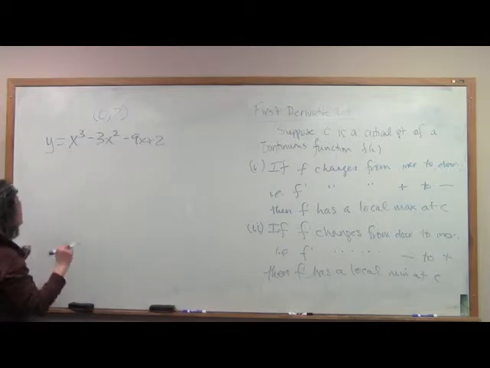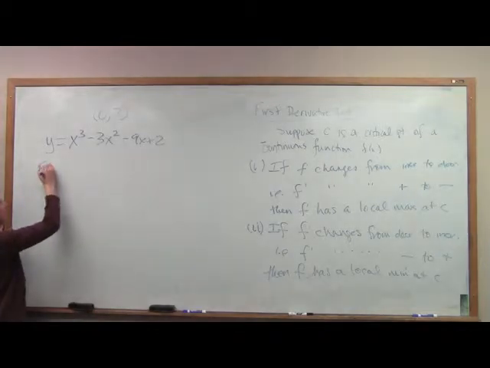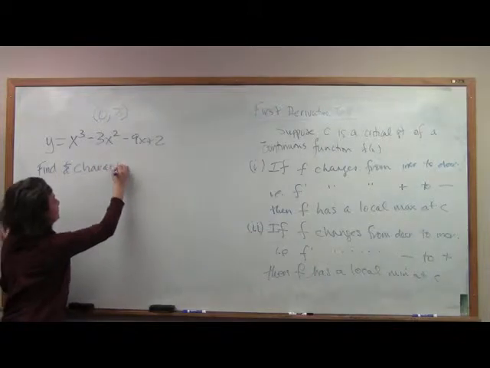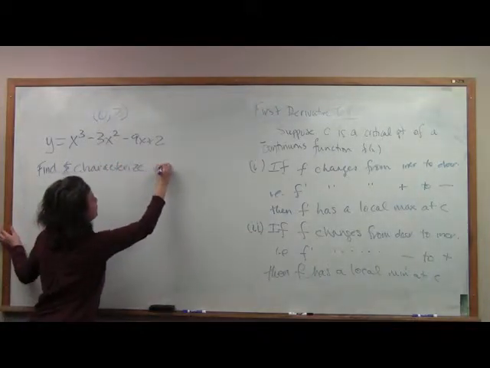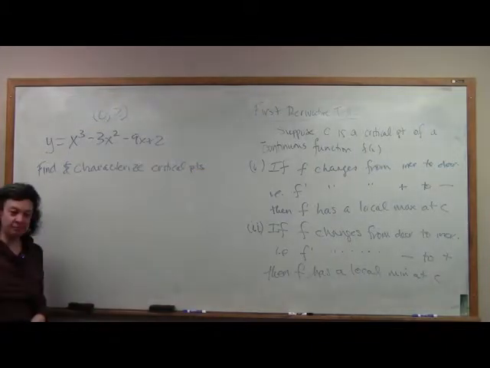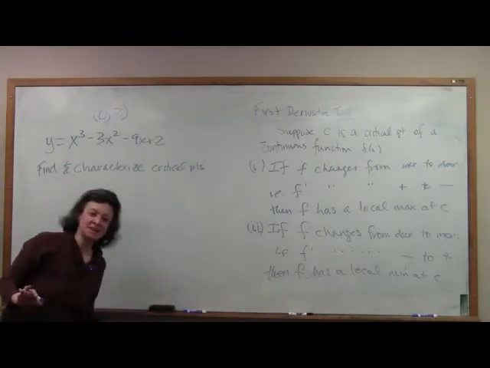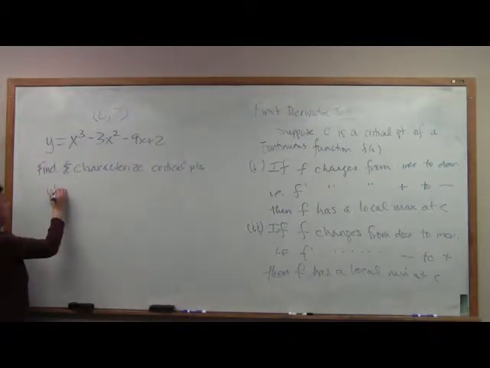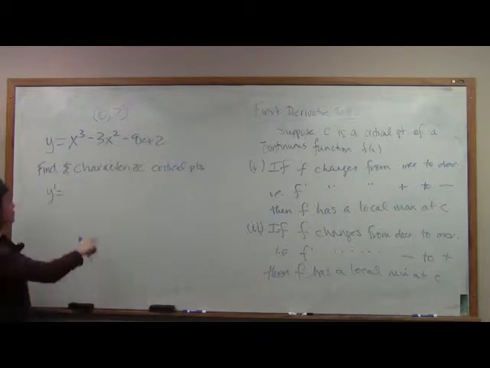Now, all we really want to do here is find and characterize the critical points. And like I said, I'm going to take this a step further. You'll see why, because it's super cool. So, how do we find our critical points? What we do is we take our first derivative, which we can do.